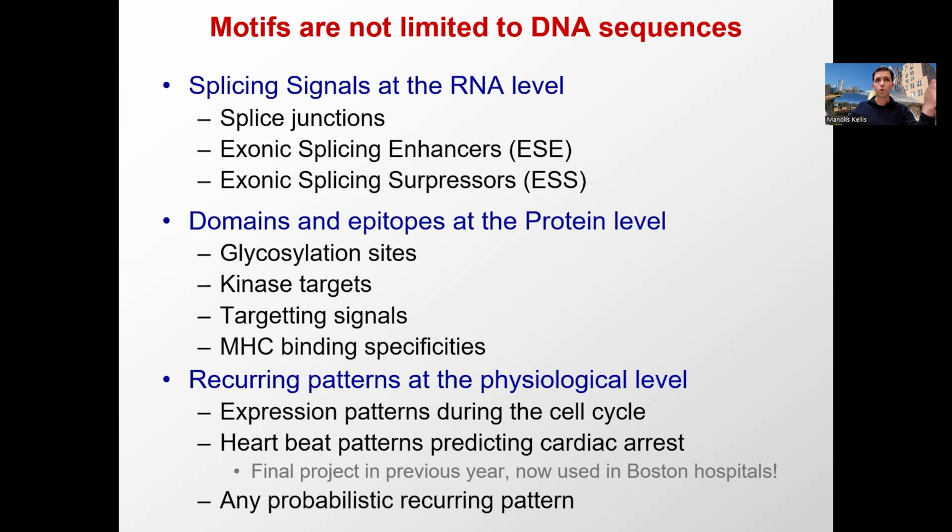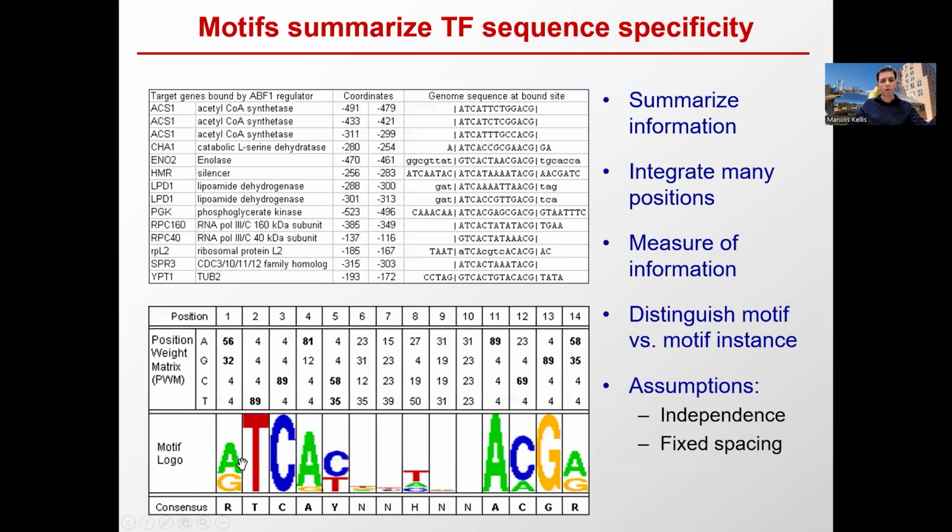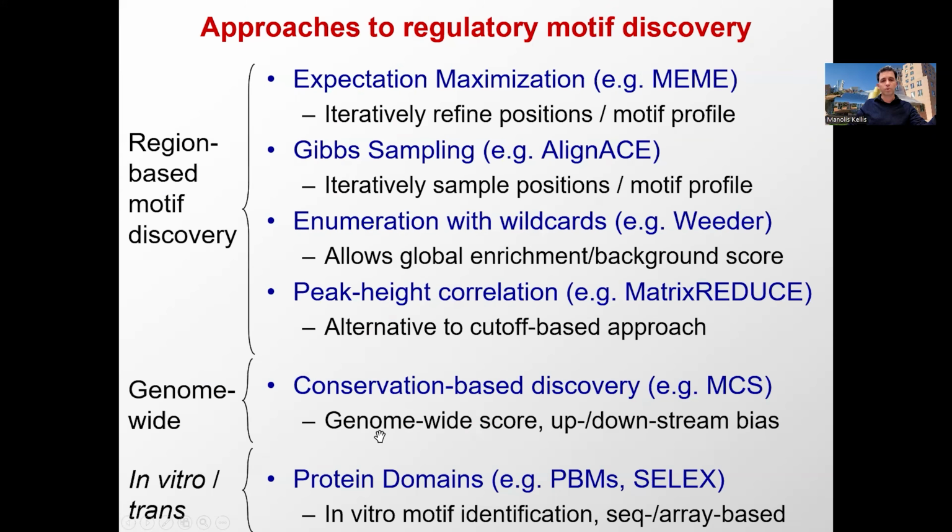Everybody with me here? So any kind of recurrent pattern can be represented in such a position-specific motif. And there's many ways to discover motifs. We're going to talk about expectation maximization and Gibbs sampling. You can also simply enumerate motifs. You can basically say, well, I'm going to search every TCA, with whatever letter afterwards, and you can simply enumerate.